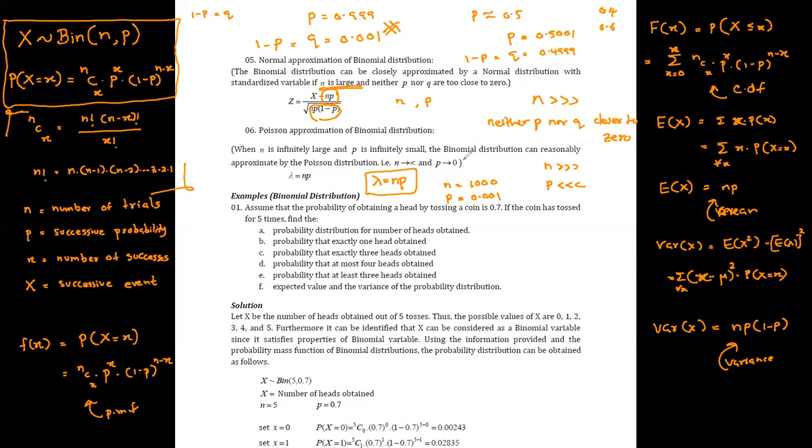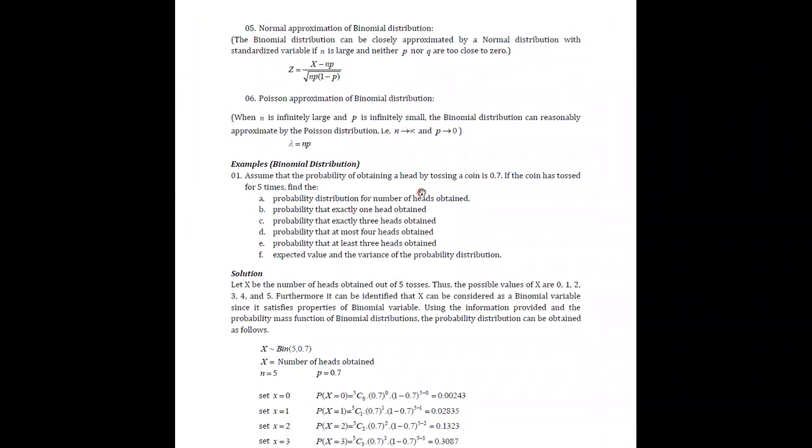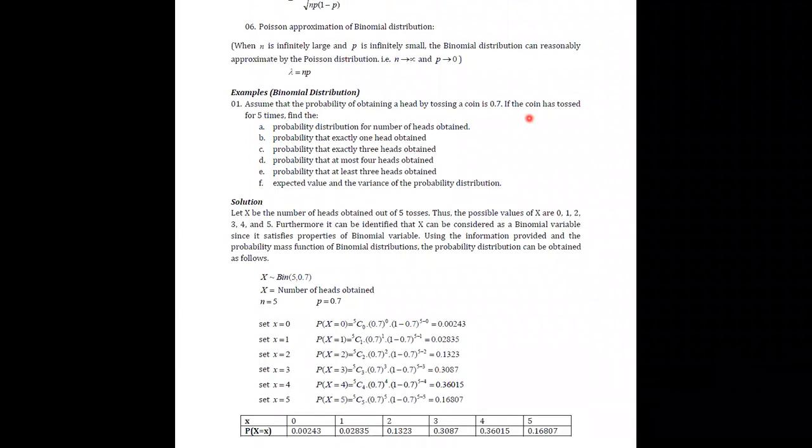Here some examples are included for the binomial distribution. But anyhow, I will take one of them to explain how we can apply the concepts that we have discussed so far in the calculations. Therefore, I take the first example. It says: assume that the probability of obtaining a head by tossing an unbalanced coin is 0.7. Here it is given that the probability of obtaining a head is 0.7.